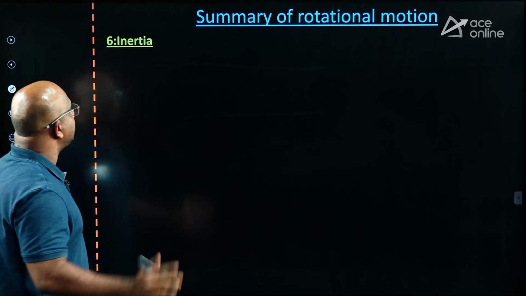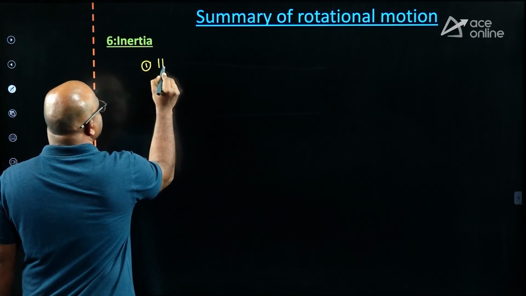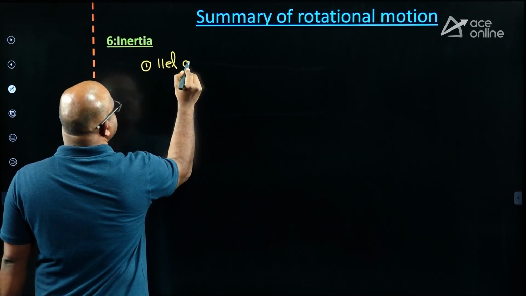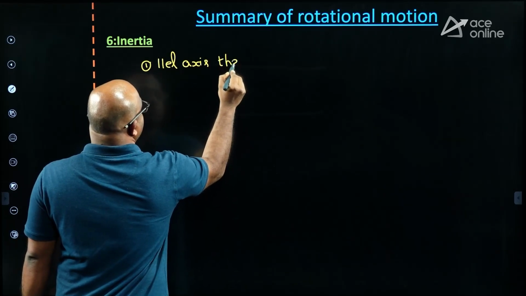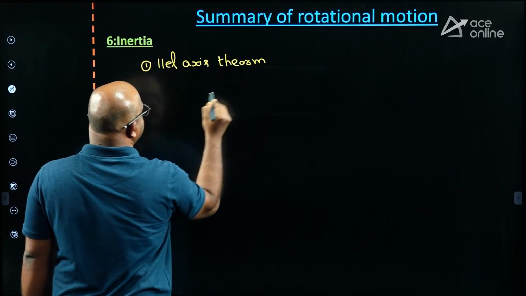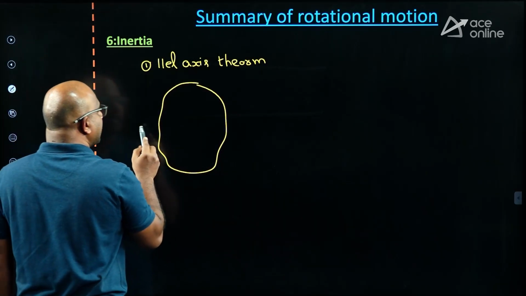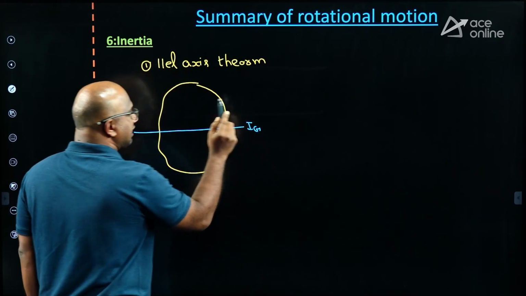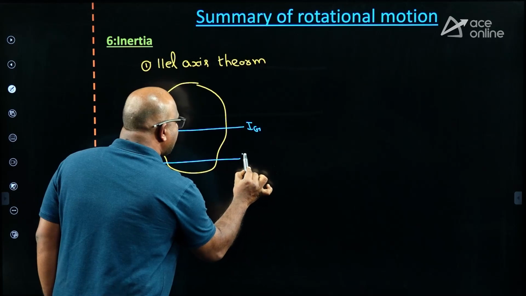And along with that, guys, you need to understand two theorems. First one is the parallel axis theorem. What is the parallel axis theorem? Listen carefully. If I know the inertia of any object about the centroidal axis, then I can find out inertia about any parallel axis.